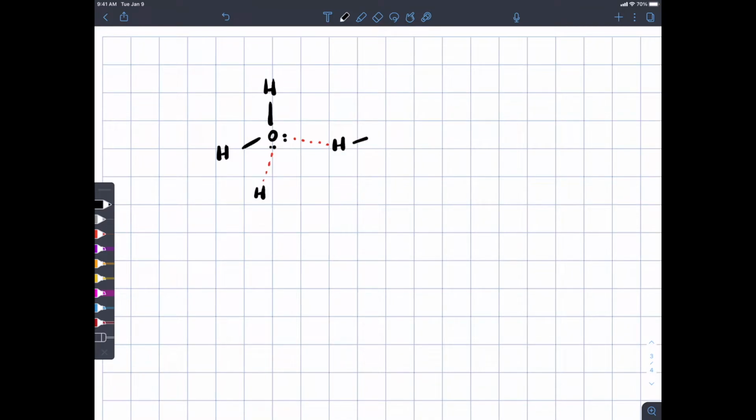And then each of those hydrogens belongs to another oxygen, which can be bonded to another hydrogen. And then each oxygen has lone pairs again that can bond to form a hydrogen bond with another hydrogen atom. And so the network can continue on indefinitely.